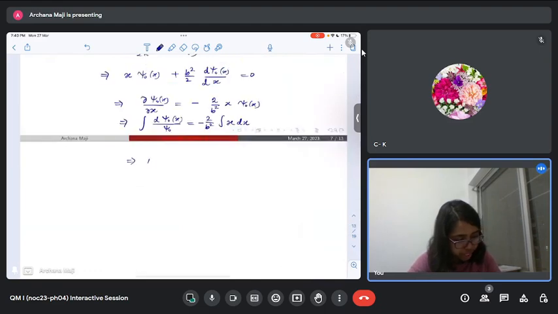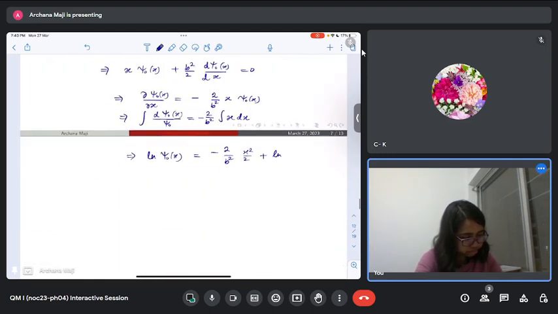Which implies ln of psi 0 equals minus 2 over b square x square over 2 plus some constant, call it ln a. So psi 0 of x is equal to a times exponential minus 1 over b square x square.